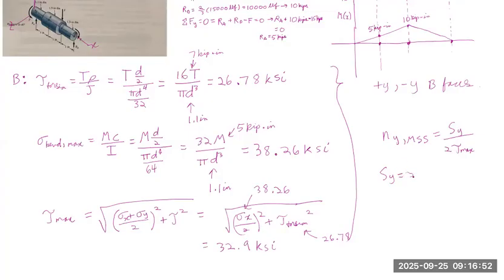So 238 kpsi, and then we have that the factor of safety at yielding for MSS is equal to 238 over 2 times 32.9, which is 238 divided by 2 divided by 32.9, which is 3.62.